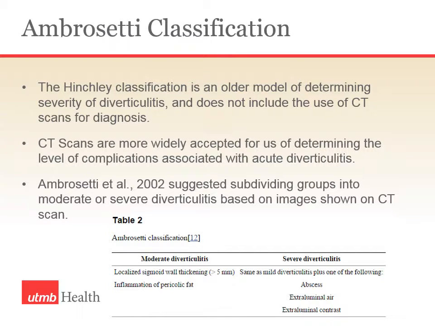And there's also some inflammation of the pericolic fat. However, in severe diverticulitis, it's the same as the moderate, but there's also abscess, extraluminal air, or extraluminal contrast. So it started spreading, and there's more complications associated with the severe diverticulitis.